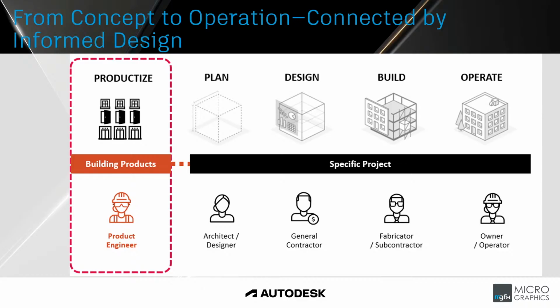Now, from concept to operation by connecting informed design. Informed design creates a fully connected workflow that spans the entire building lifecycle, from production and creating it in Autodesk Inventor. It will integrate into Revit and beyond. You've got your mechanical engineers and your draftsmen that use Inventor, and they'll develop the parametric models.